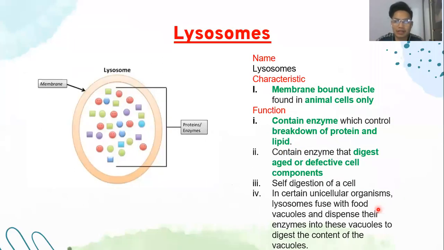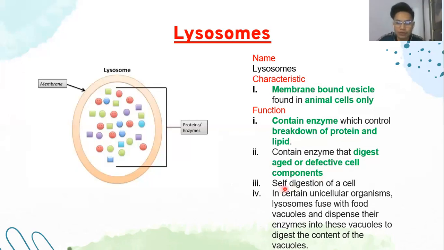Next is lysosomes. The characteristic of lysosome is that it is a membrane-bound vesicle found in animal cells only. So you cannot find lysosomes in plant cells. The function is first to contain enzymes which control the breakdown of protein and lipid. Next, it contains enzymes that digest aged or defective cell components.